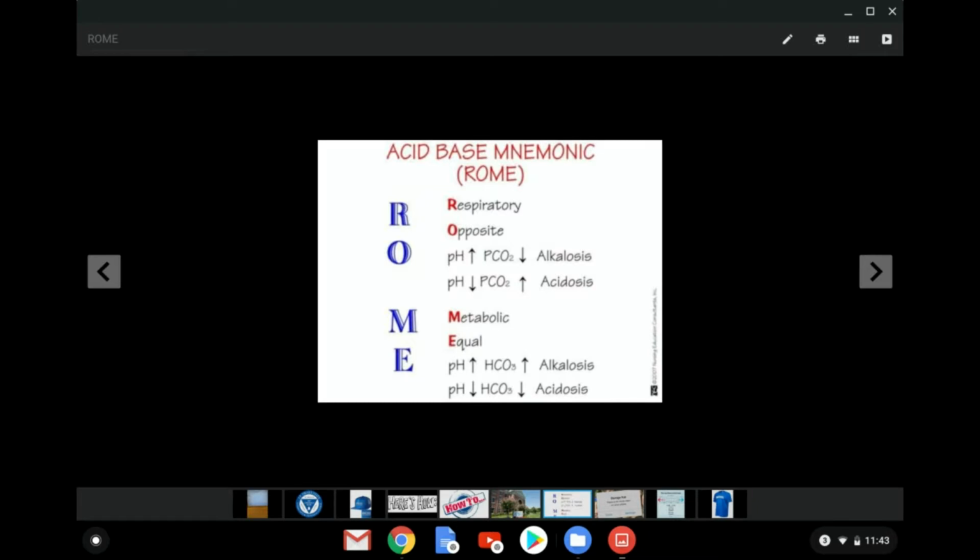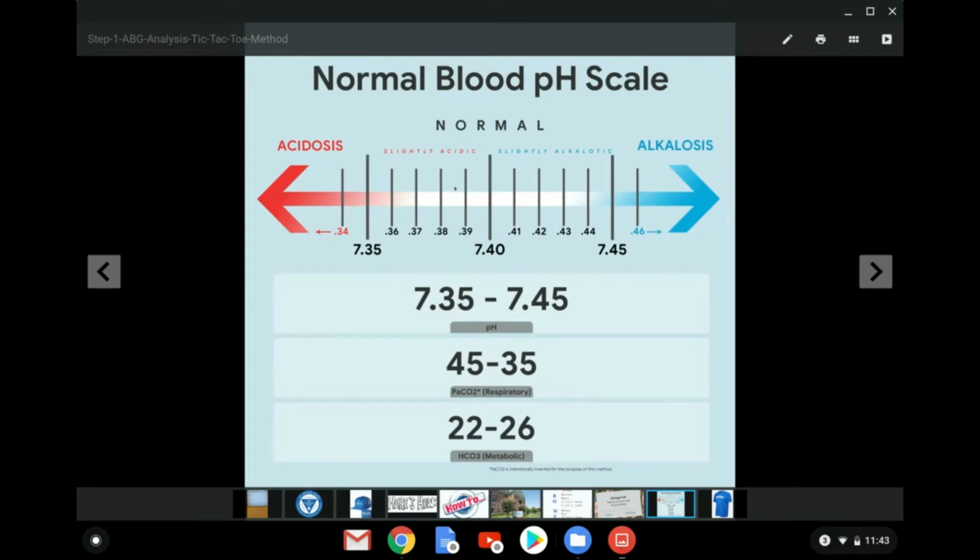If it's on the high side, it will be an arrow up. If it's on the low side, it will be an arrow down. We also have to go back to those original pHs, because we can have an acidotic lean in this area, which would still be a down arrow, and an alkalotic lean in this area, which would still be an up arrow.